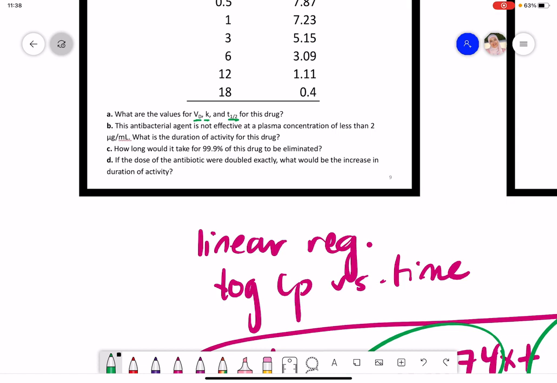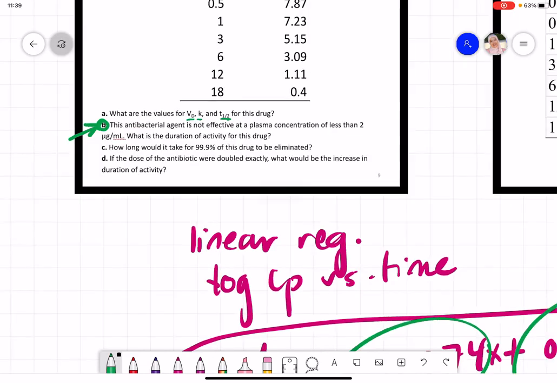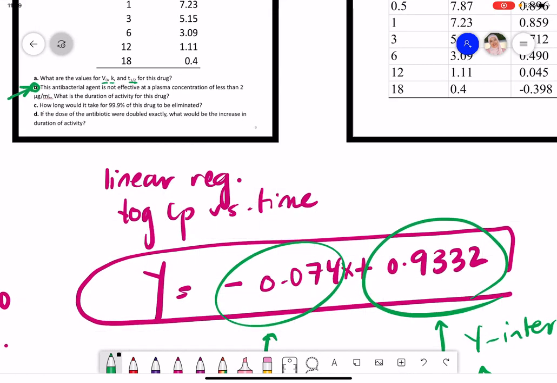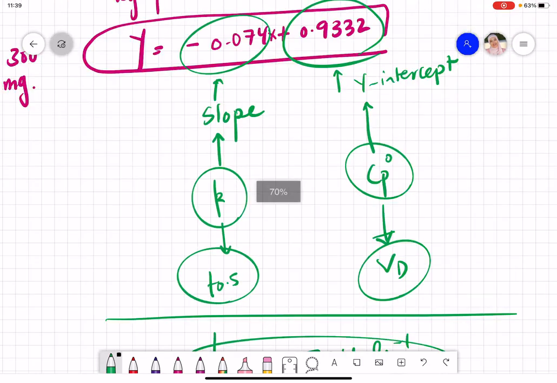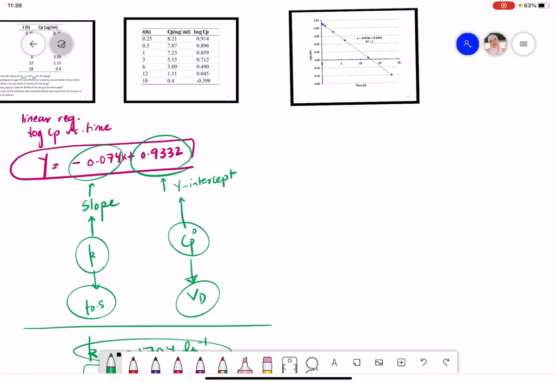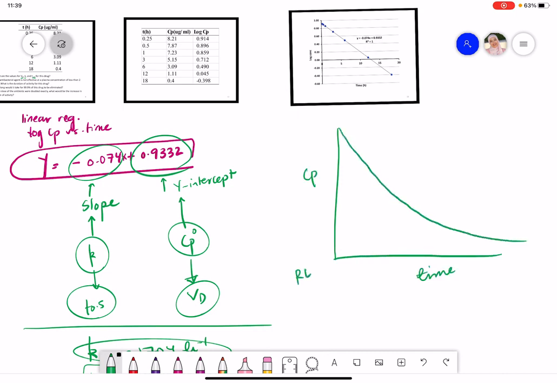This is a very important question, so let's sketch what it asks. If we have CB versus time on a rectilinear graph, this is our profile.